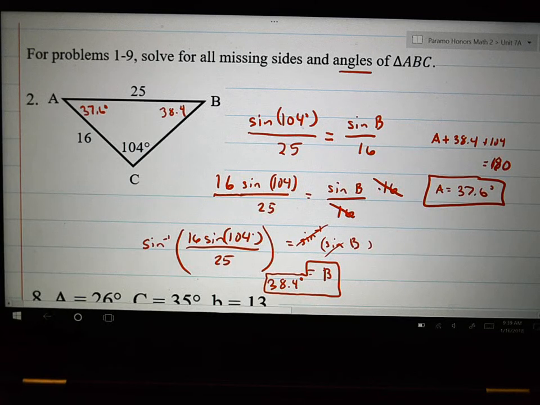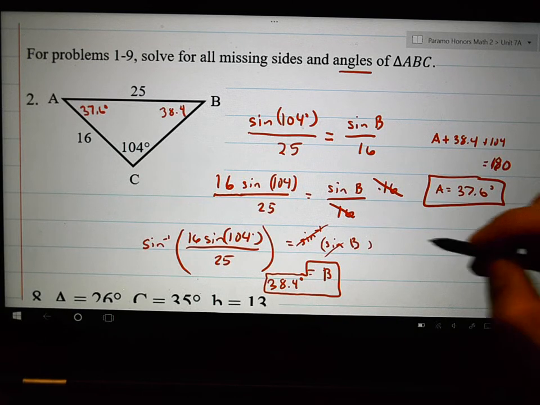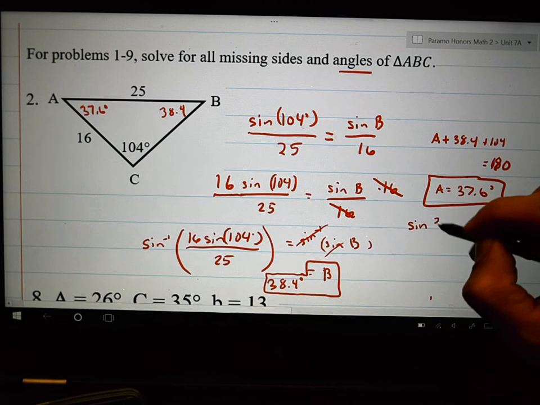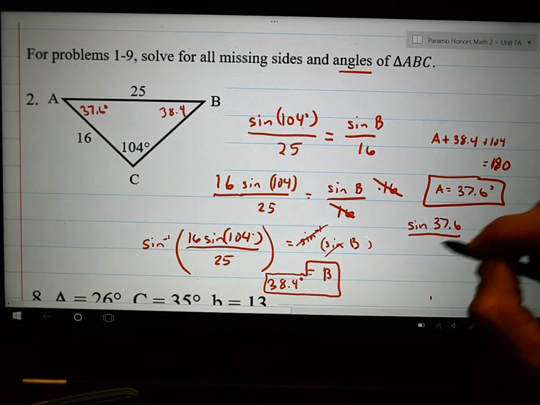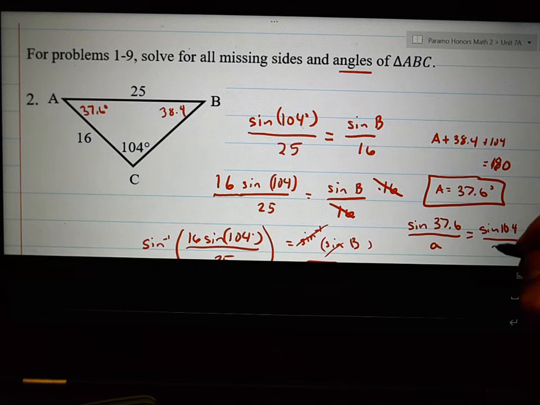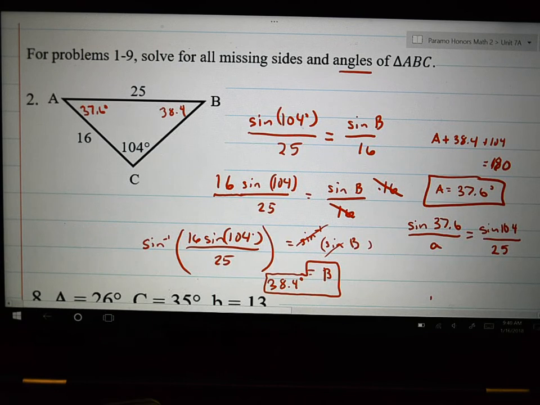So therefore, we still have to use the law of sines. Now that we know what big A is, we can actually use the sine of big A over, we don't know what little a is, equal to, I would probably go right back to that beginning of the sine of big C, since that was one of our givens, over little c.